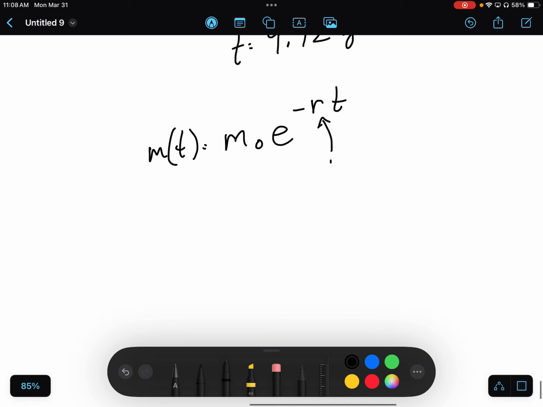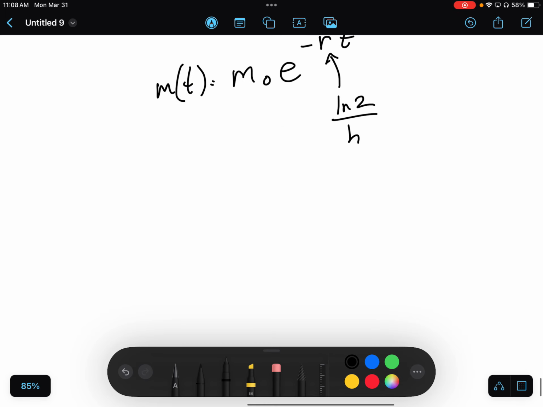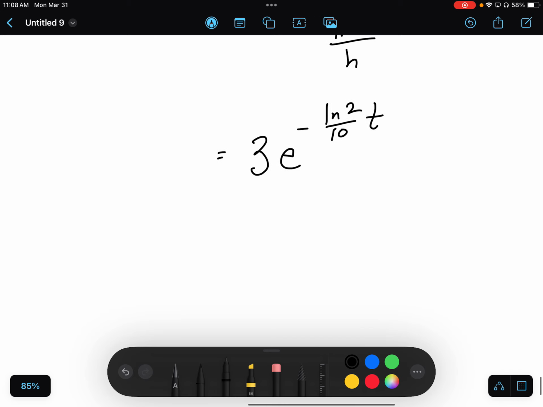When it talks about decay, just remember that the R is the ln of 2 over the half-life, whatever the half-life happens to be. Looks like it's 10 seconds. And it contains 3 grams at the beginning. So there's my formula. How much is after 1 minute? Here's the catch. You don't put 1 in for T. What would you put? 60, because it says seconds for the half-life.